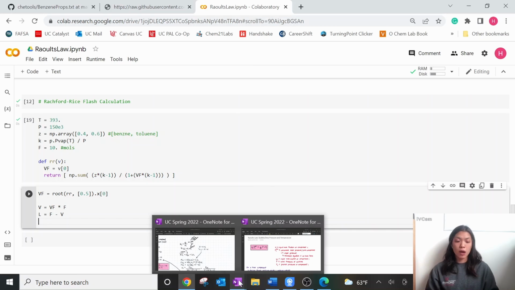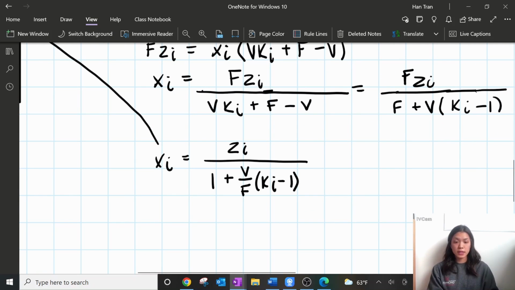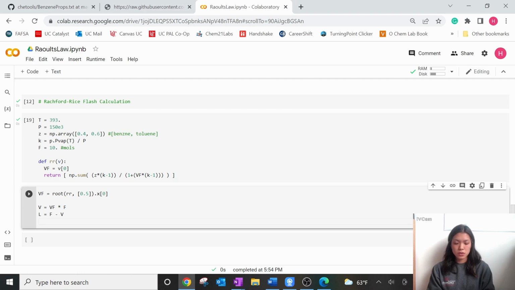And now we want our mole fraction. So we have down here the liquid mole fraction, which is the feed mole fraction divided by 1 plus the vapor feed ratio times the quantity of the mole fraction ratio minus 1. So we're going to input that right into our code.